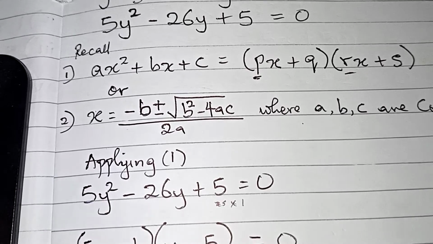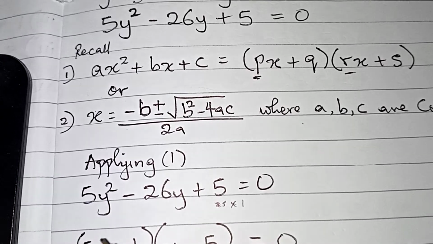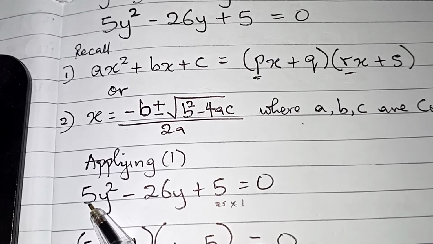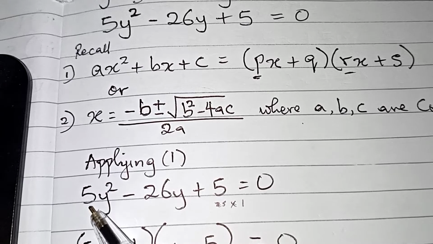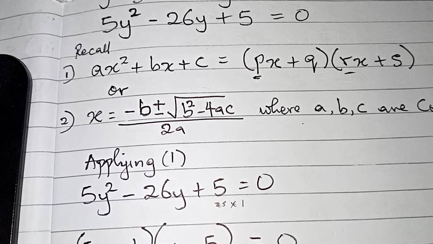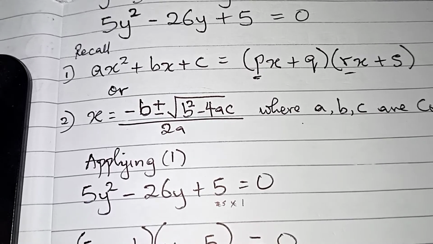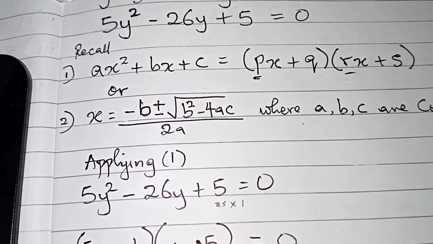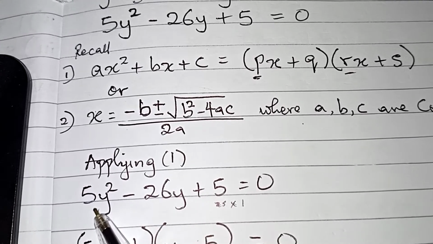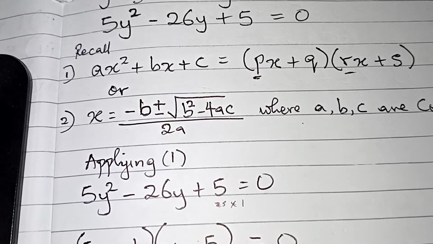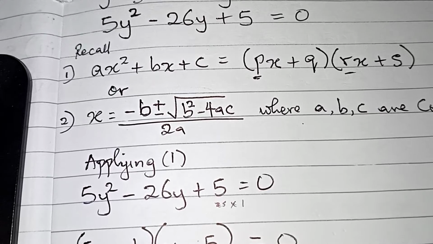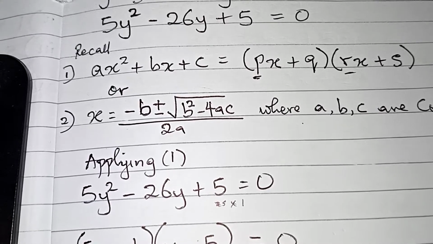So if it's just 1, you are not too bothered about what is behind your x or your y. But when you have a constant or a value above 1, from 2 to 10 to 20, first thing first, instead of just putting xx or yy, what will you multiply together to give you 5? That will be 5 times 1, meaning one side will be 5y, the second side will be just y, because both coefficients will be 1.